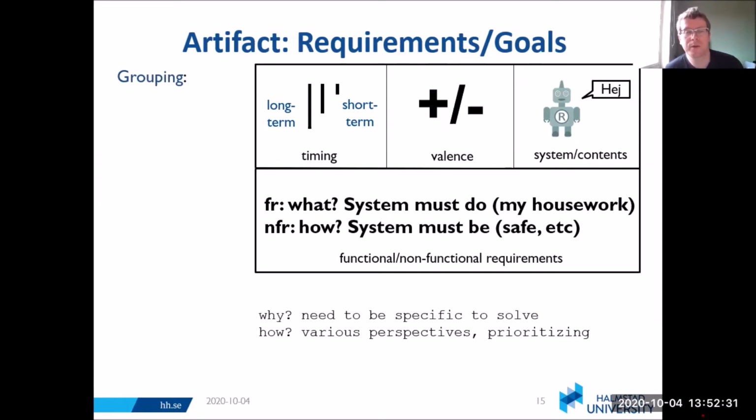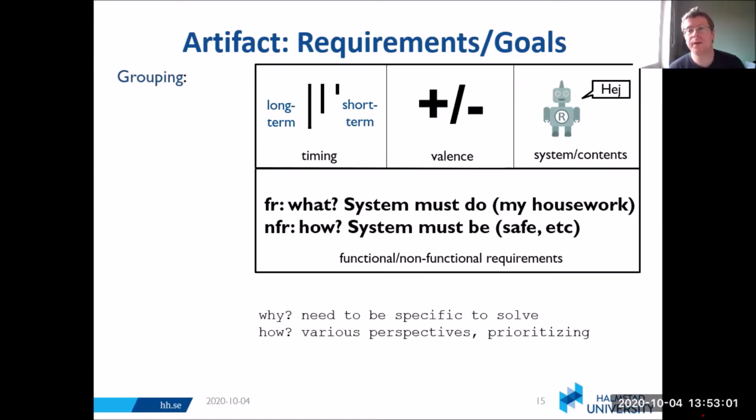And to do that, we can look from various different perspectives. So one thing to consider is the timing. What do we want to do in the long term? What do we want to do in the midterm? And what do we want to do in the short term? Another thing that we can look at is what positive features should our system have? And what are the negative things that we want our system to avoid?